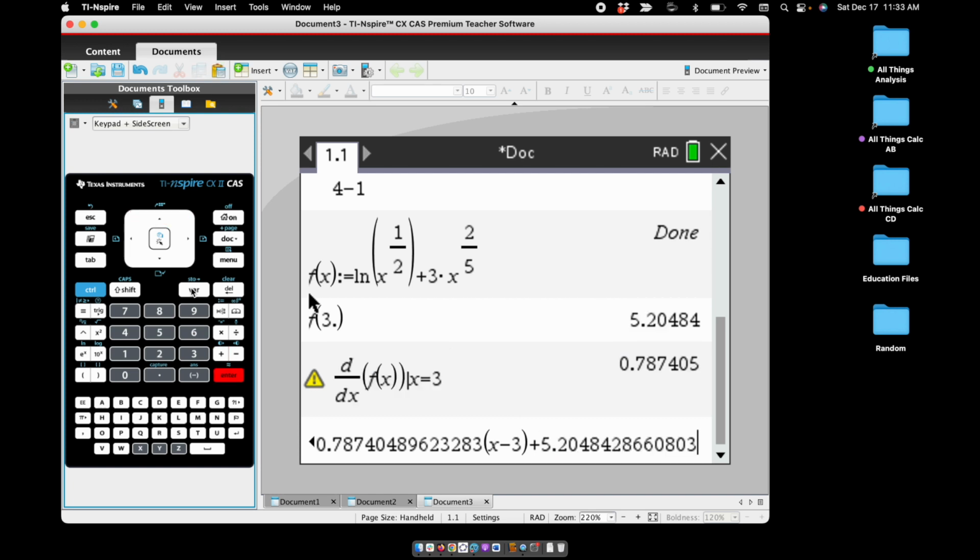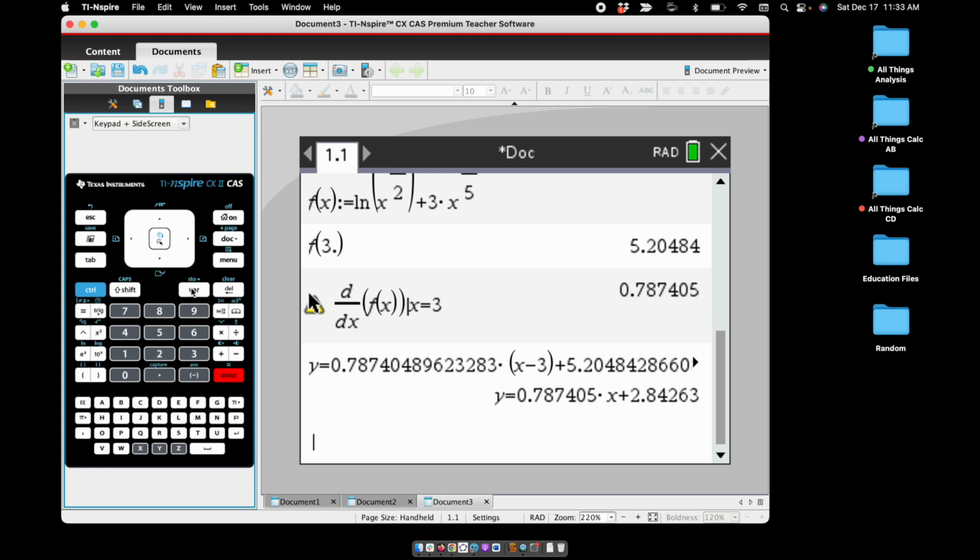All right, I'm going to press enter, see what this gives me. So I'm going to write that down. So y is approximately 0.787x plus 2.843. It's really weird to be asked for it in slope-intercept form, in my opinion. But I think that's what we need to do.